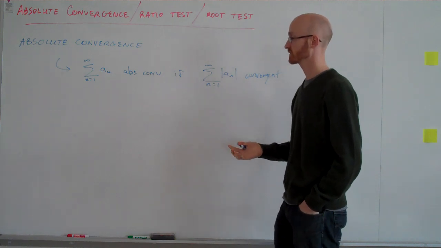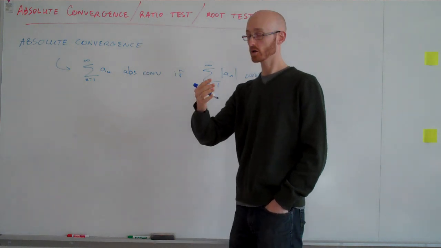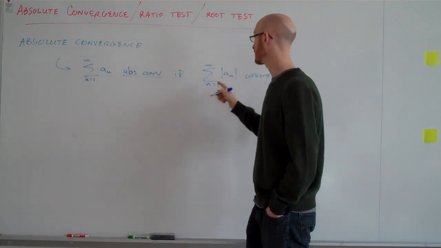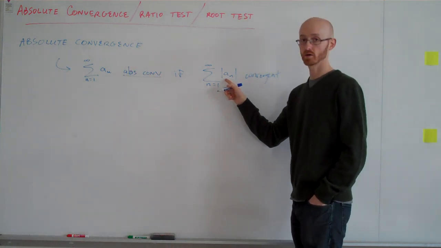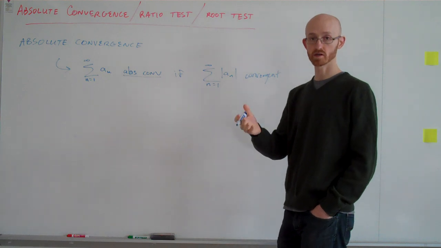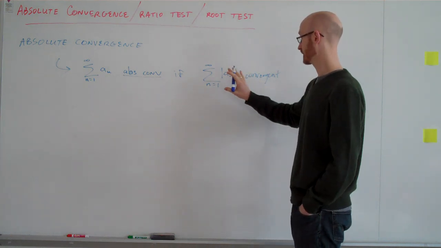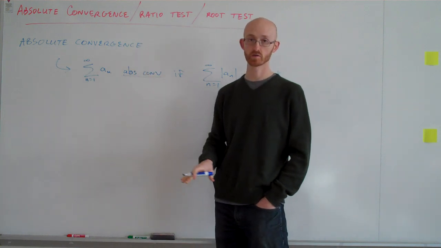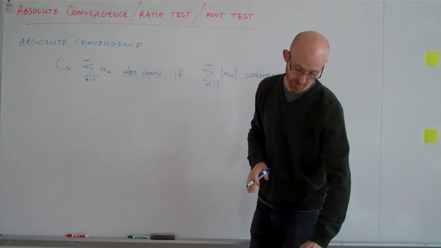Basically, as I said a minute ago, if you want to know if this thing absolutely converges, then you take the absolute value of all the terms, or whatever a sub n is, and if you can show that that's convergent, then you would say that the series is absolutely convergent.